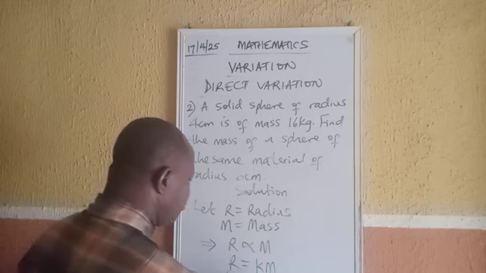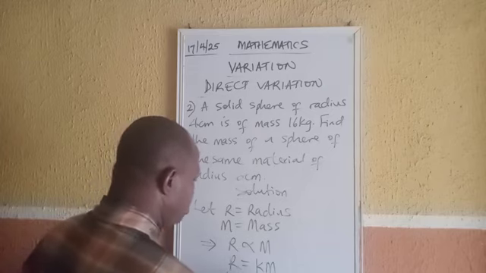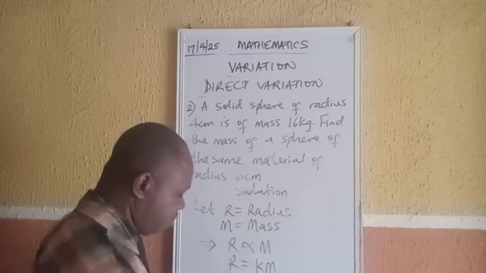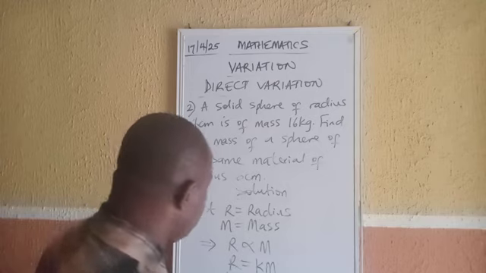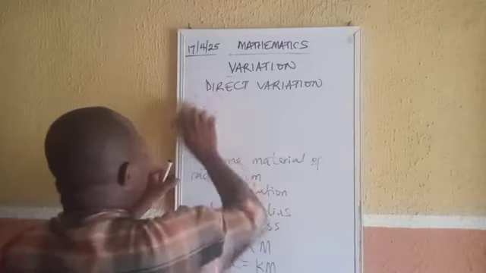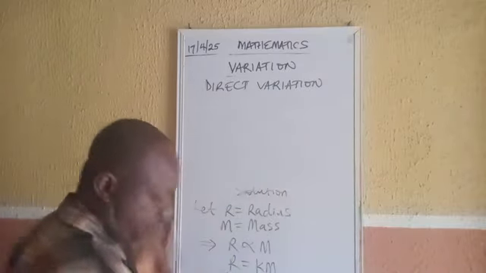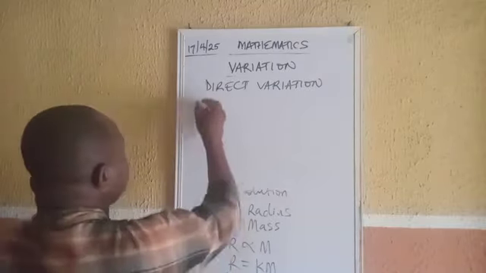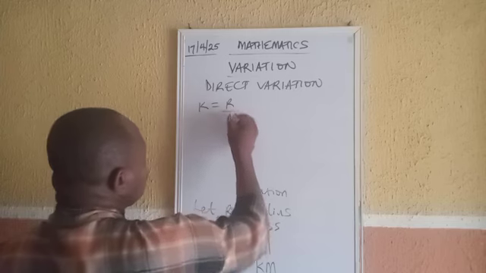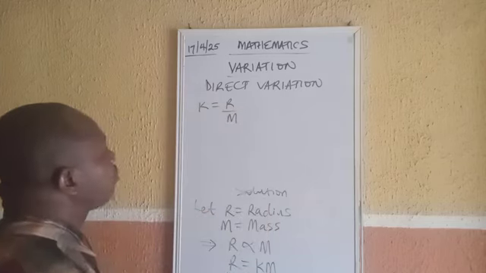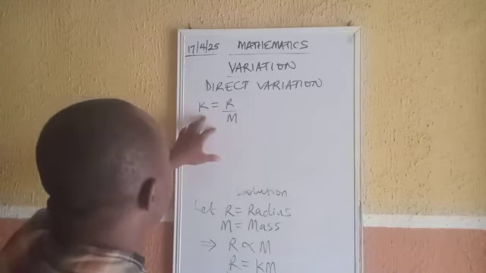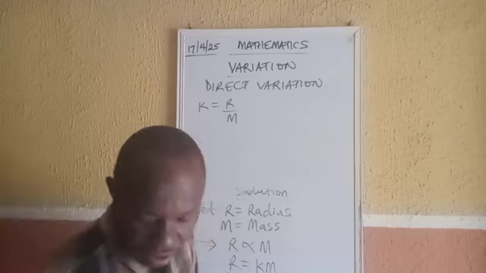Km over m equals r over m. m will cancel m, leaving us with K equals r over m. So we'll use this relationship now to find K.